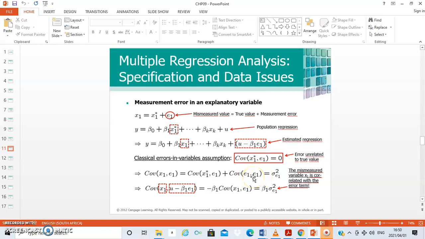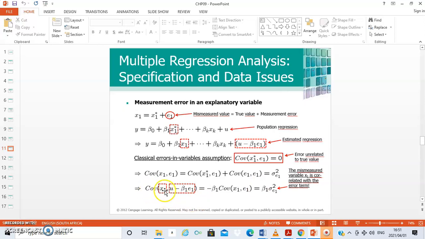And that means that e1 varies. If it didn't vary, you would just have sigma squared with no subscript. But because of the variation of the error, you will have e1 appearing here, and so the variance of the error term varies and is high.